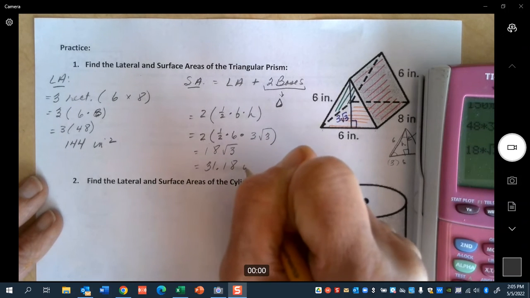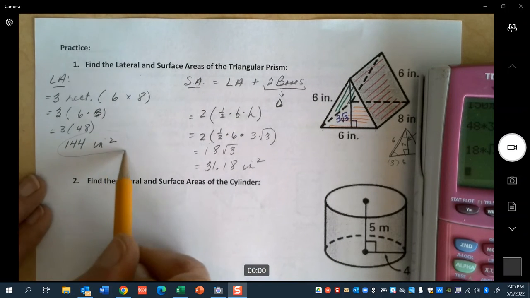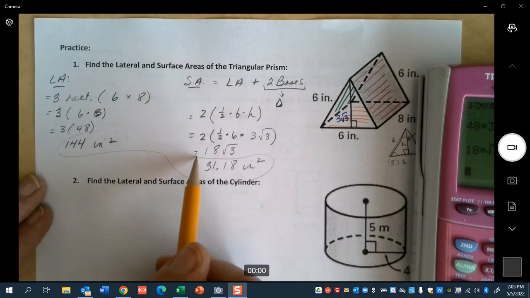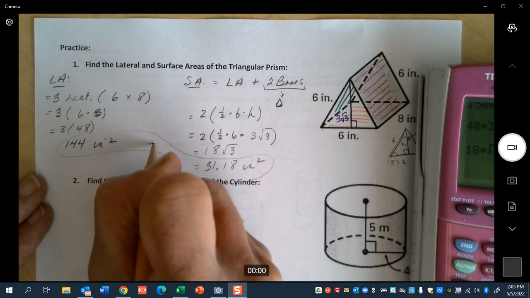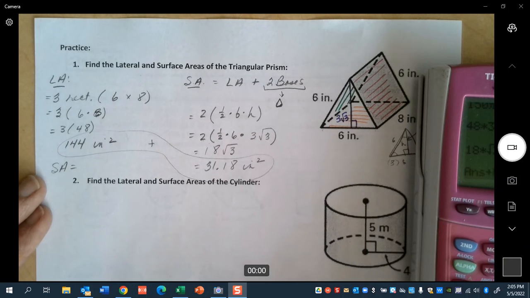31.18 square inches for my bases. So my surface area is going to be the sum of these together. My surface area is equal to that plus 144.